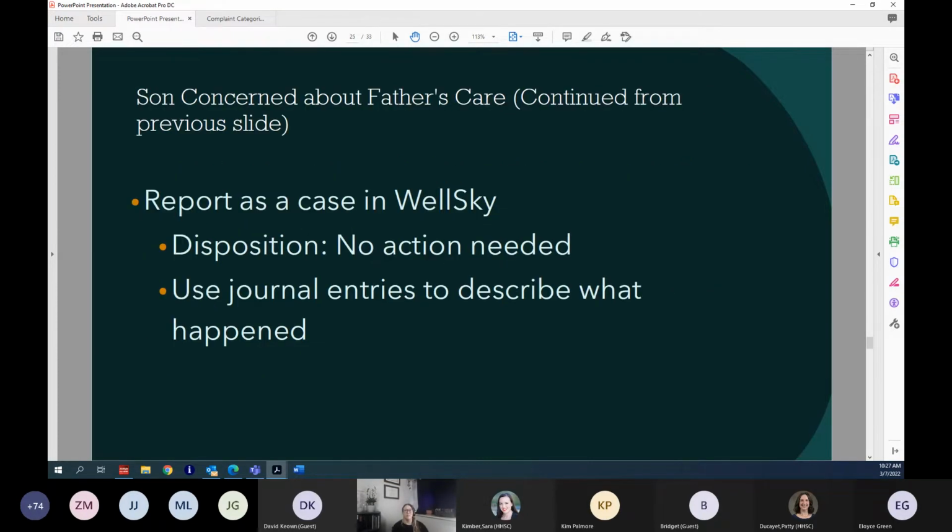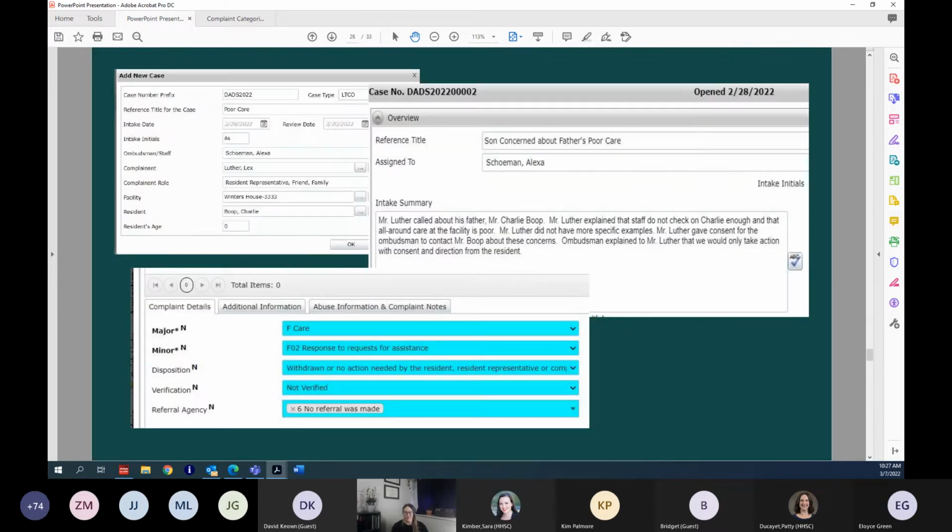And Patty, next slide, please. You'll report this in WellSky. Your disposition in this case will be that no action is needed, and you'll still use your journal entries and the intake summary to explain what happened. Next slide. So this may be a little challenging for you to read now, but you'll have this in your handout if you need to reference it.